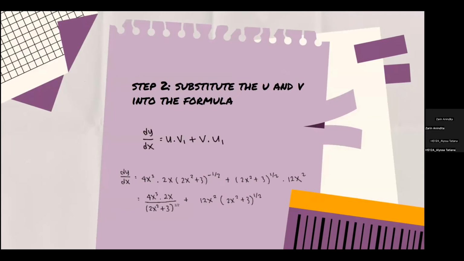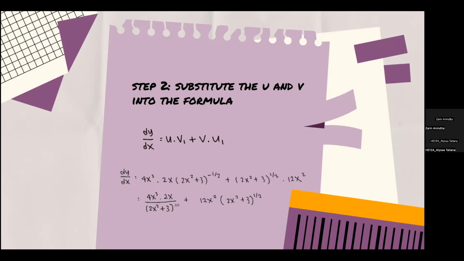The next step, from the formula that we have written, we need to substitute the u and v into the formula. So u is 4x cubed, and then you times it by v prime, which is 2x open bracket 2x squared plus 3 close bracket to the power of minus half, and then you plus it by v, which is open bracket 2x squared plus 3 close bracket to the power of half times u prime, which is 12x squared.